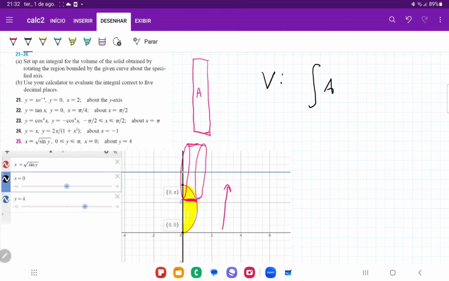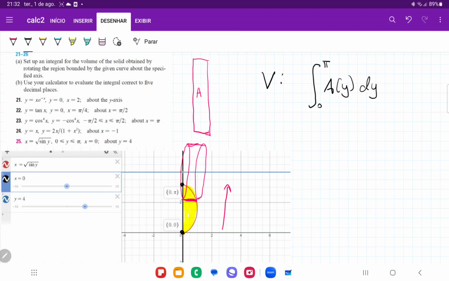Since we're summing them up vertically, they have to be areas as a function of y, because we're summing across the y-axis, like adding the little dy's. As we can see here, our sum will begin at 0 and end at pi. So that is going to be our sum.